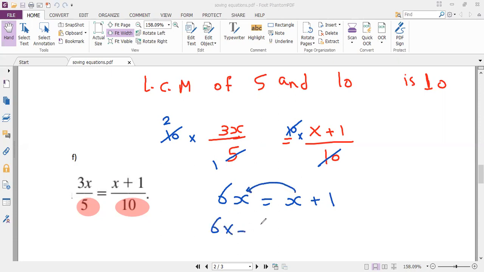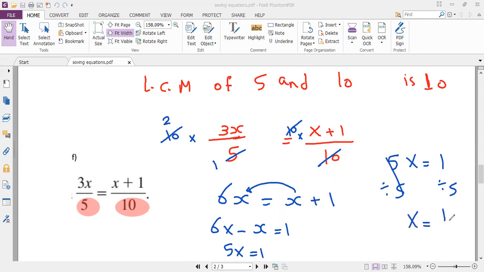So 6x minus x equals 1. So 5x equals 1. To get the variable x, just divide by 5 both sides. So x equals 1 over 5. That's it.